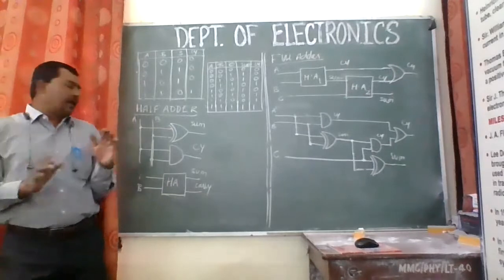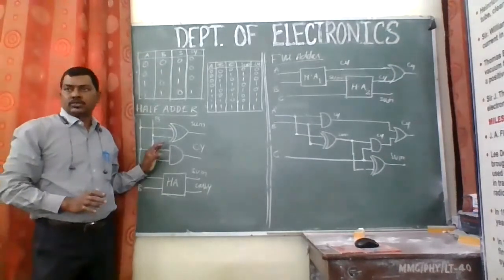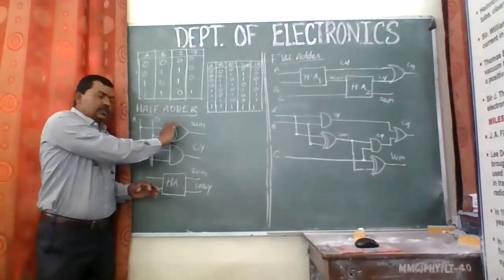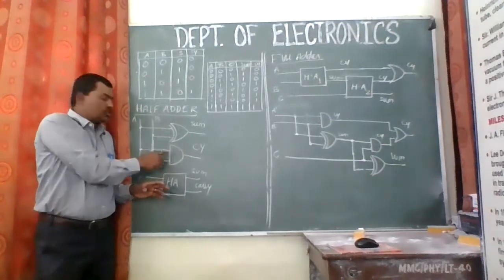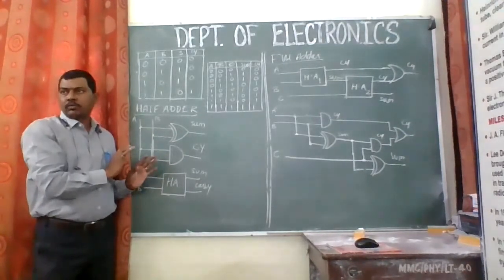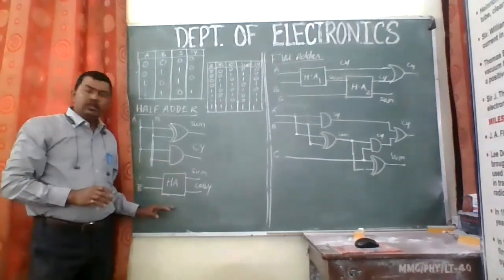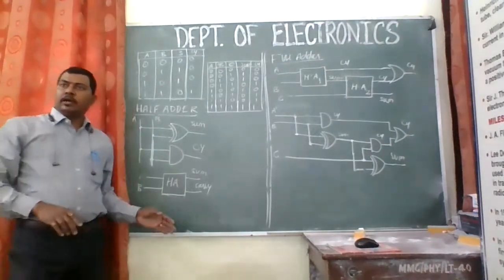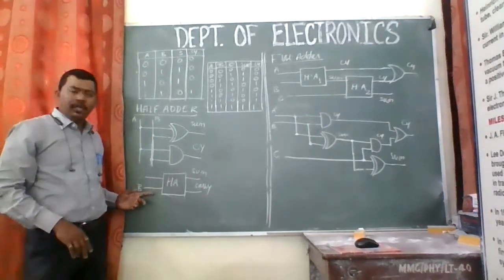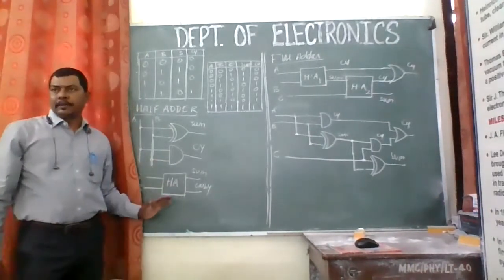So we can use these 2 gates to make a half adder circuit. So we have implemented this sum and carry circuit by using XOR and AND gates. Any problems? Right? Then we have drawn the block diagram of it, in which we are expecting 2 inputs A and B and 2 outputs sum and carry.